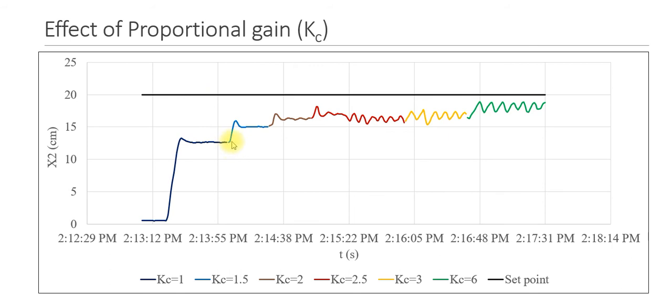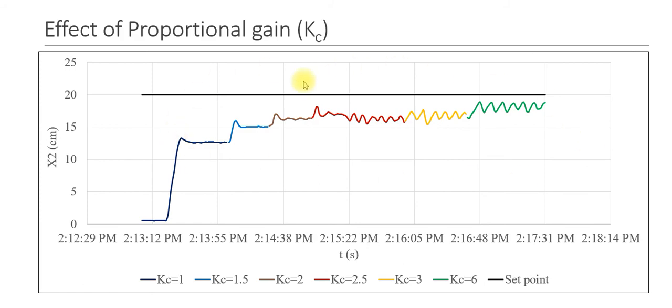Now increasing the Kc, it tries to minimize the offset, tries to catch the set point, and now the offset is decreasing, and as you keep increasing Kc, it is trying to match the set point, but in doing so it becomes oscillatory. So as the Kc increases, it becomes more and more oscillatory. This is very obvious, but I want to show you this one.